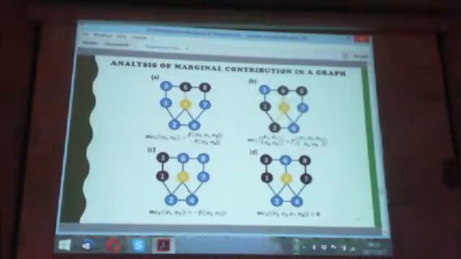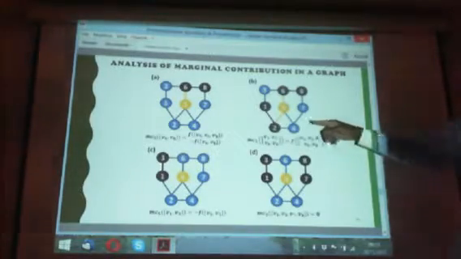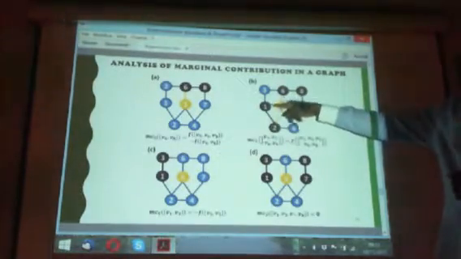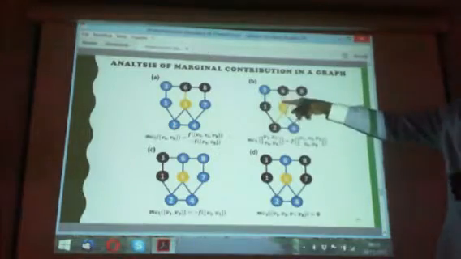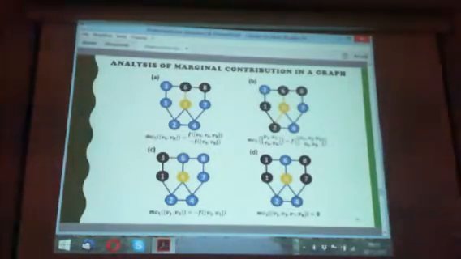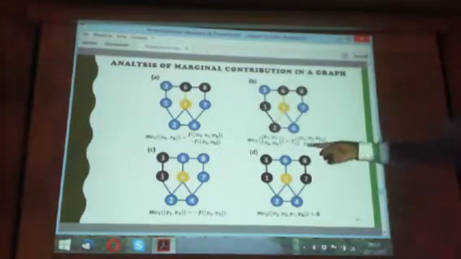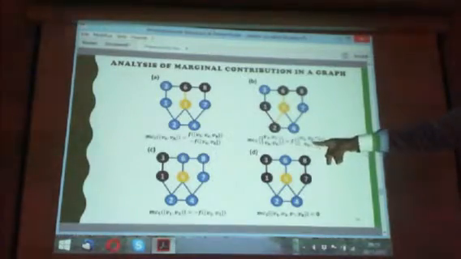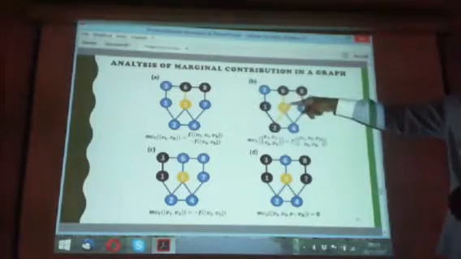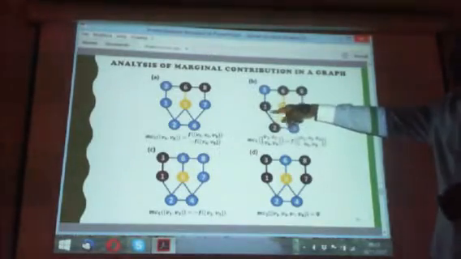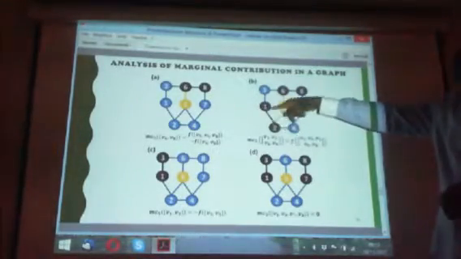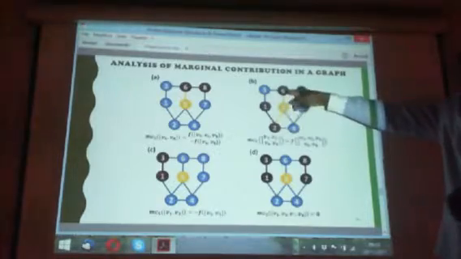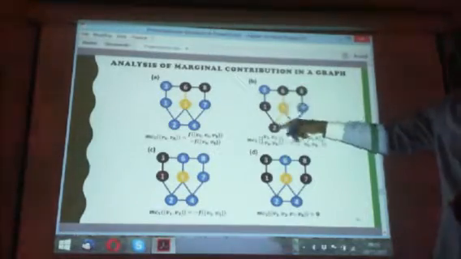If we want the marginal contribution of these nodes and then node 5, we will have a huge group, because node 5 connects these two nodes and these two all together.